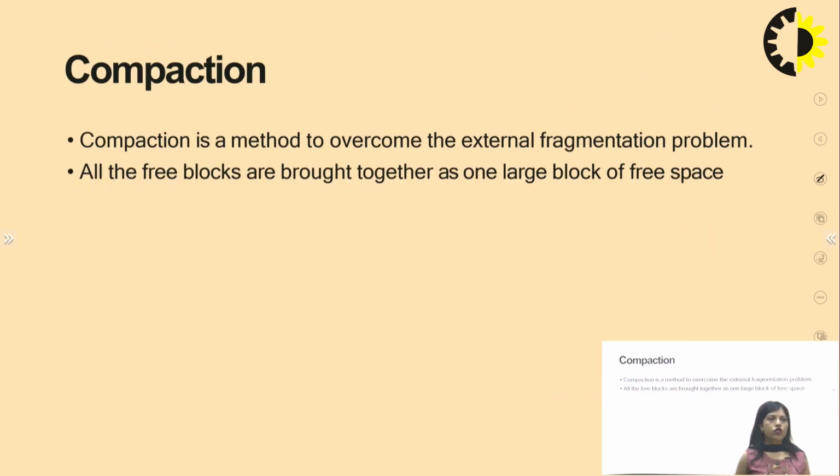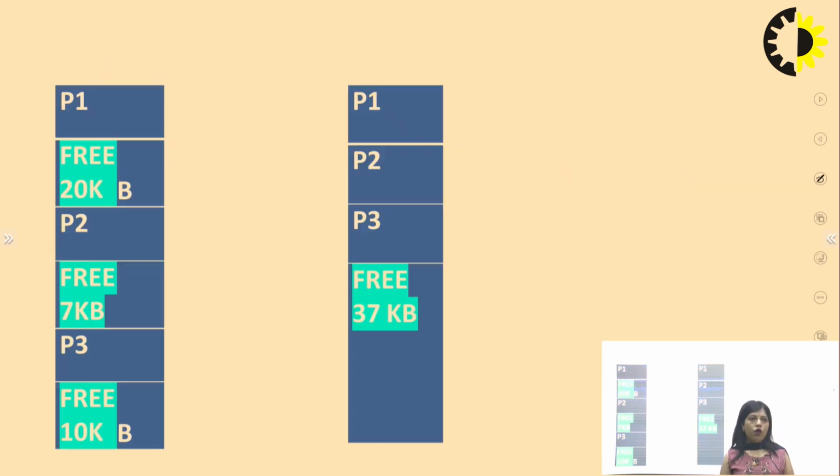Next is compaction. Compaction is a method to overcome the external fragmentation problem, in which all the free blocks are brought together as one large block of free space.